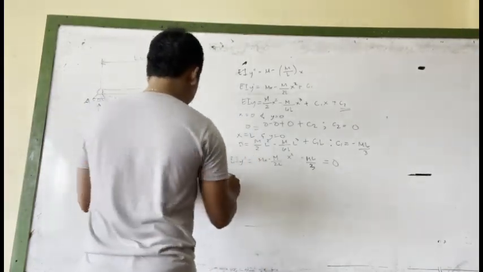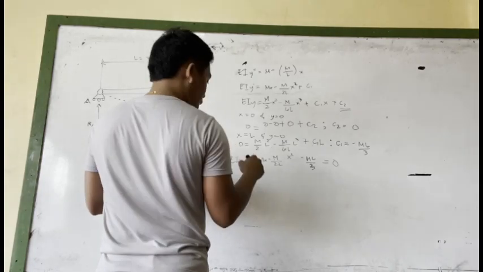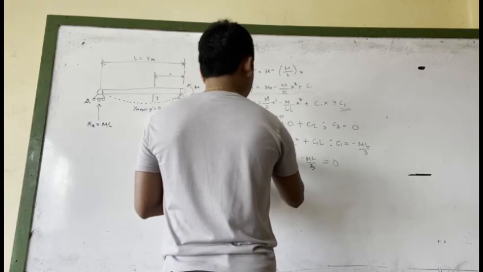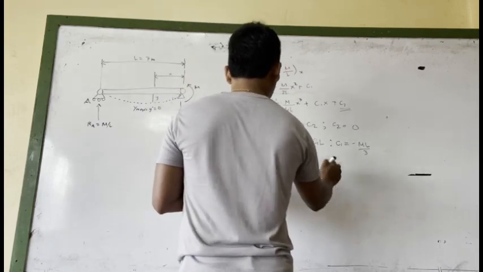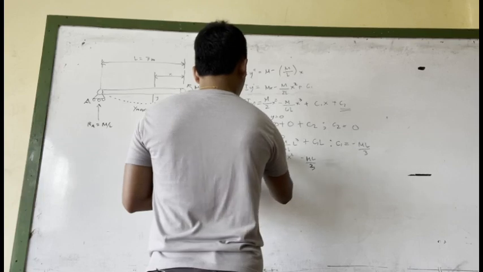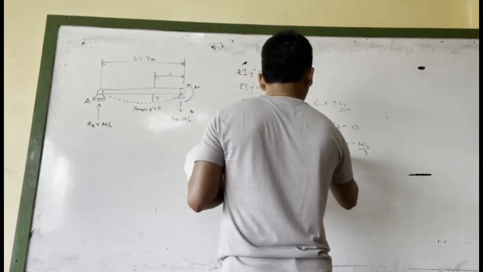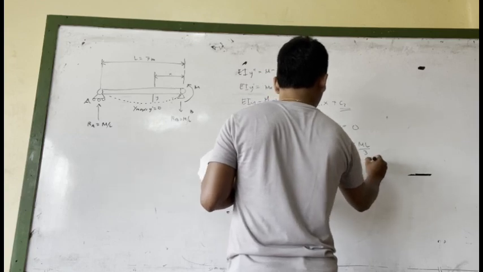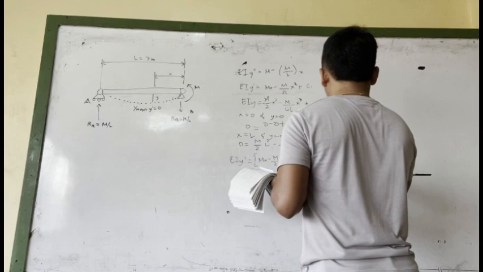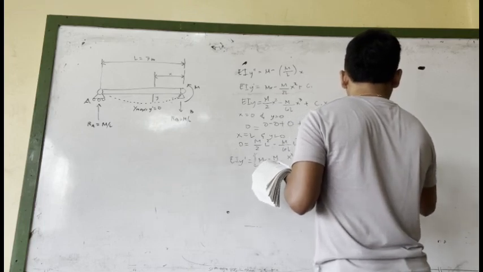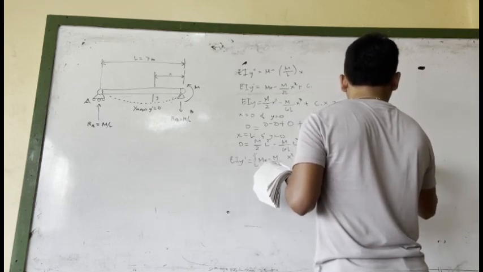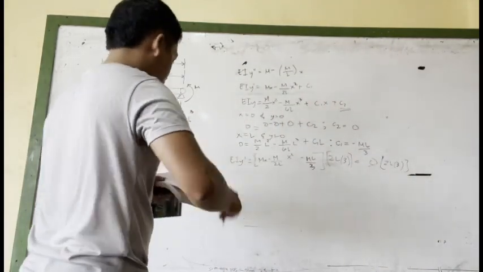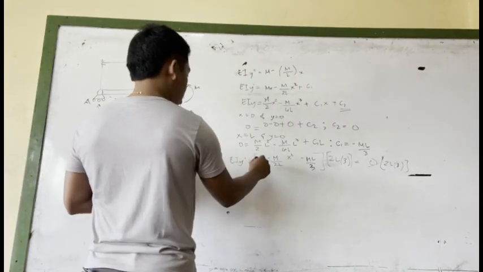To simplify, we will multiply it by 2L times 3, and 0 times 2L times 3 is still 0.